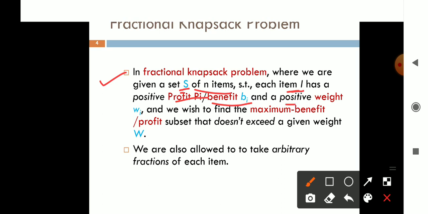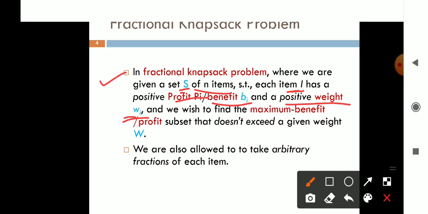Then it has a positive weight, that is wi. So each item has the profit, denoted by Pi, or we can say the benefit, denoted by Bi. Here it has some weight, denoted by small wi.